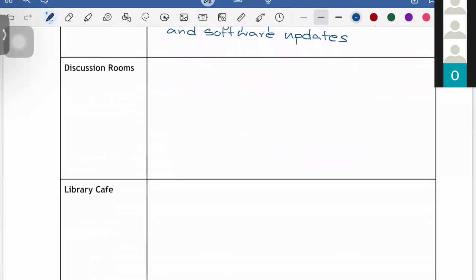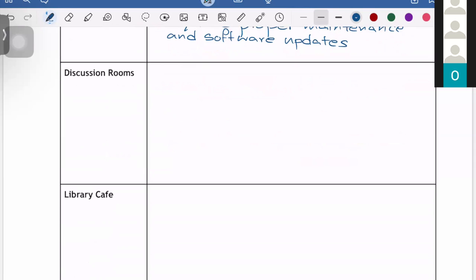Next, discussion rooms. Discussion rooms would be places where students can gather to have group meetings in the library. So it's a conducive, collaborative space that students can use it for.